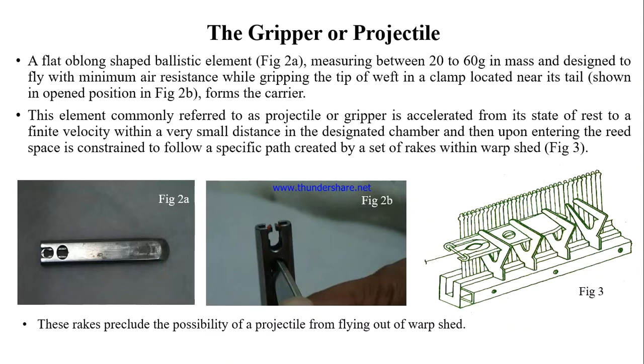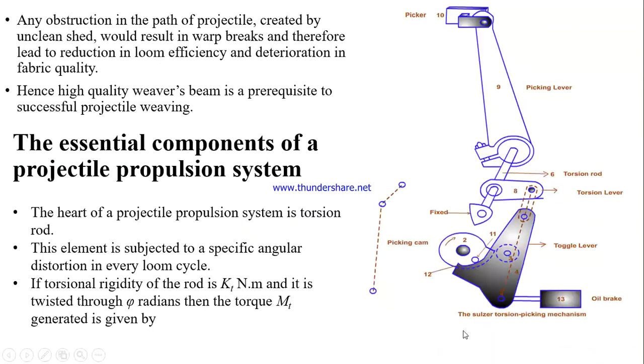That's why the projectile guide is required to control the movement of the projectile, and there should be no obstruction of the projectile during its traveling across the shed through the projectile guide. These racks preclude the possibility of the projectile flying out of the shed that I have just mentioned.